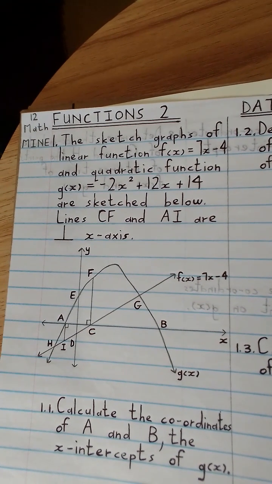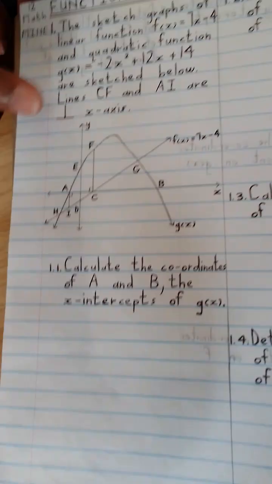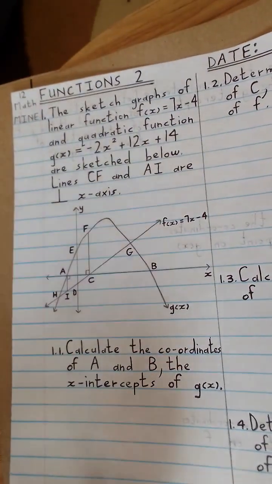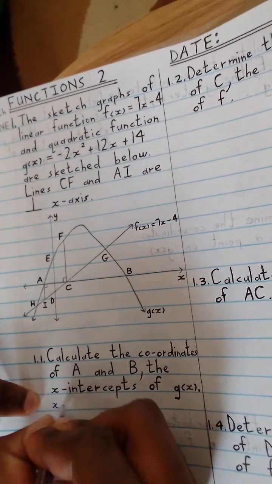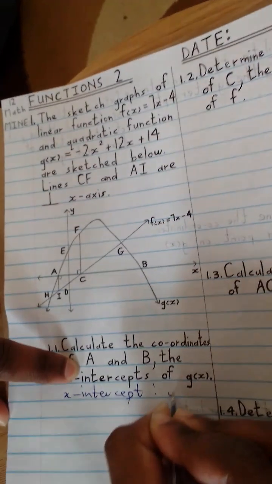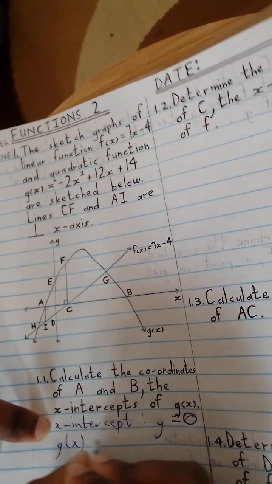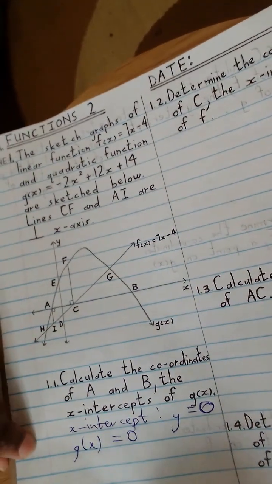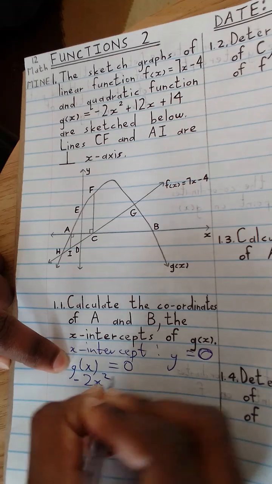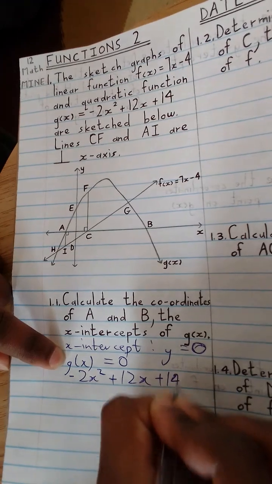And then 1.1 states, calculate the coordinates of A and B, the x-intercepts of g of x. Here's A, here's B. So, as usual, x-intercept, y is 0, right? So g of x is 0. What's g of x? Negative 2x squared plus 12x plus 14 is 0.